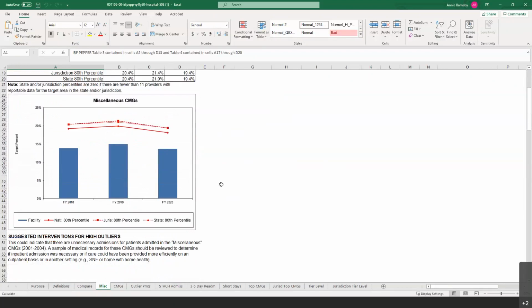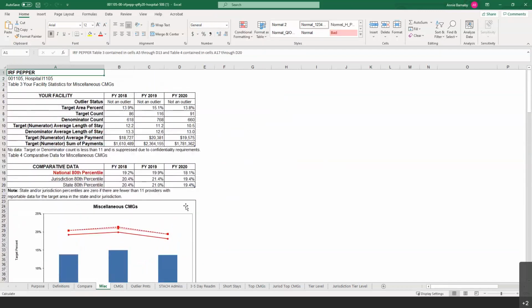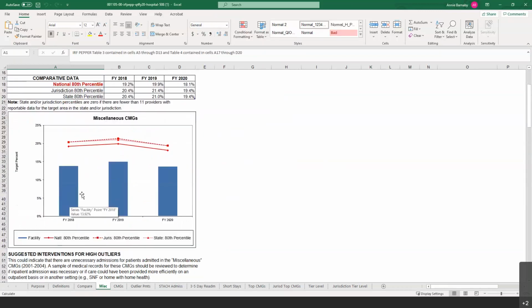Underneath that, we have a graph that shows us the information that we've just looked at in chart form, in graph form. Everyone learns differently, everyone processes information differently, and we want to make sure that everything we're looking at is clear to everyone possible, as beneficial as possible to everyone. That's why we provide this graph. You can see from the graph legend, the facility information that we saw up in the top chart is reflected in these blue bars.